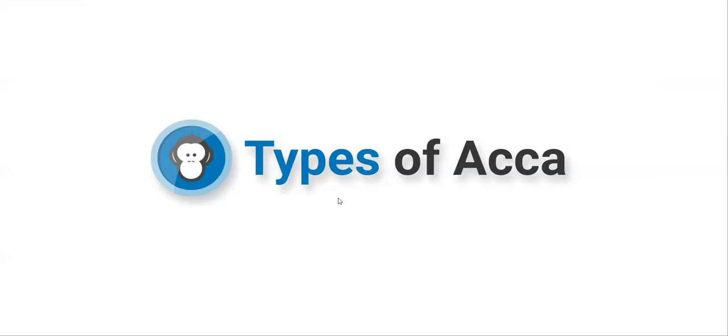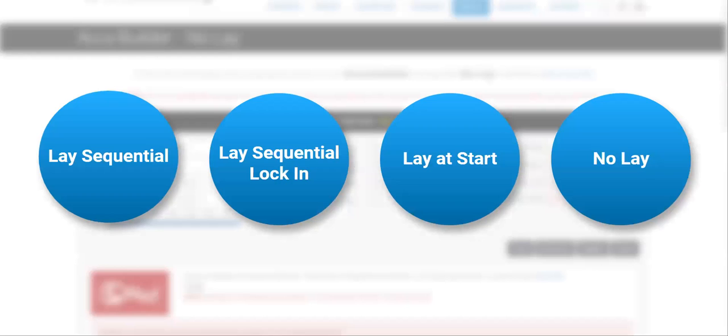So the different types of accumulators available, there are 4: lay sequential, lock-in, lay at start, and no lay. If we work from left to right, that's the sort of progression that most people take through their journey with accas if they get fully into accas.